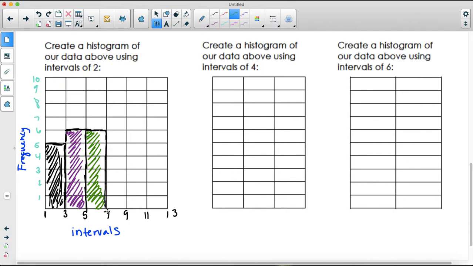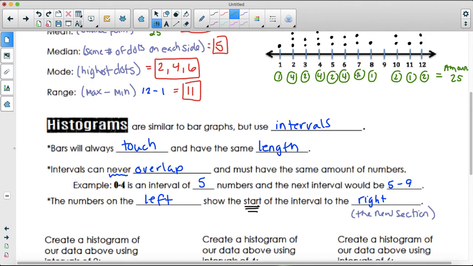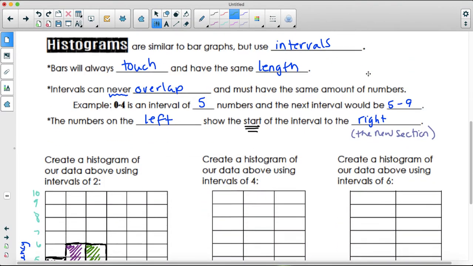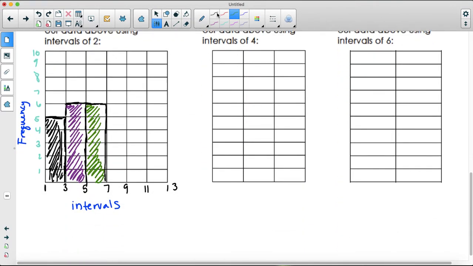I haven't looked at July yet because this is the start of my new interval, so 7 and 8. So July and August. July is at 2 and August is at 1. So 2 and 1 is 3. So that frequency would be at 3 for here. And I'll use this blue to color that one in. My next interval is 9 and 10.